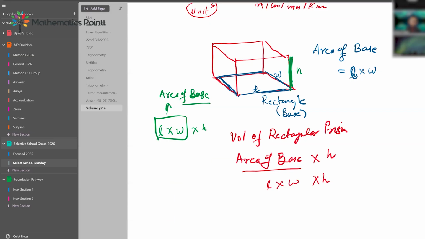So whenever we are trying to find the volume of any 3D figure, we first need to calculate the area of the base. In this case, it is a rectangle, so length times width. And then I simply multiply it with the height.